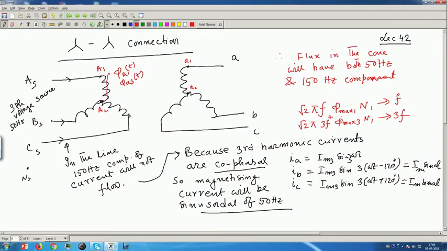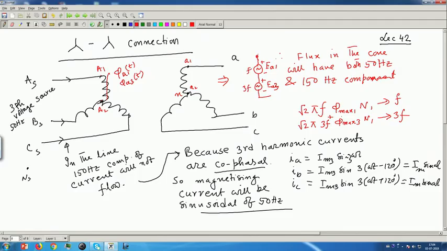Therefore, across the phases of both primary and secondary, as if there will be two sources of EMF between A and small n: one source E A1 and another source of RMS value E A3. Of course, they are of different frequency, this is 3f and this is f.